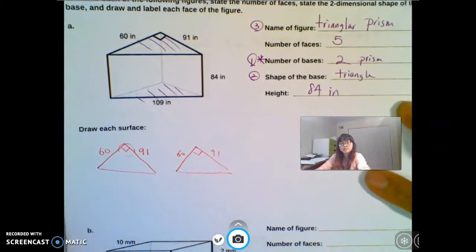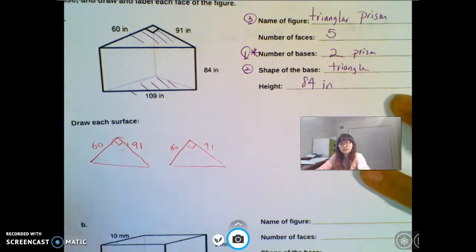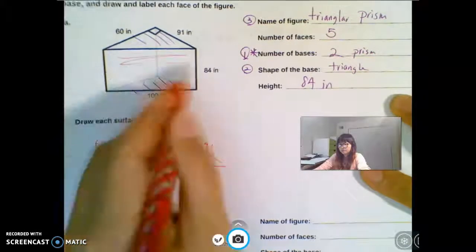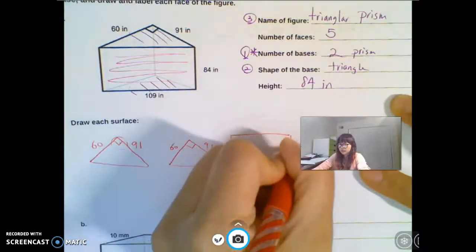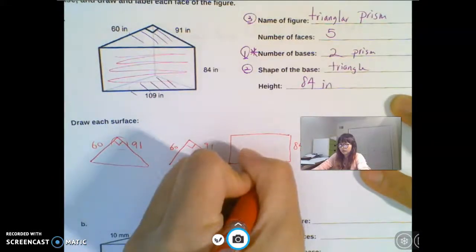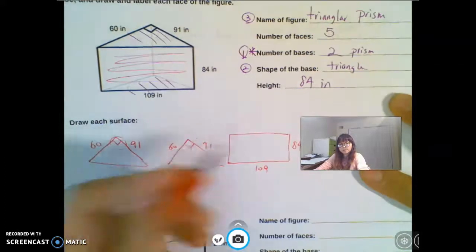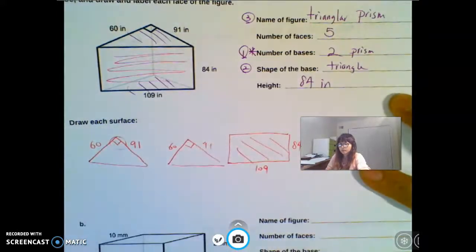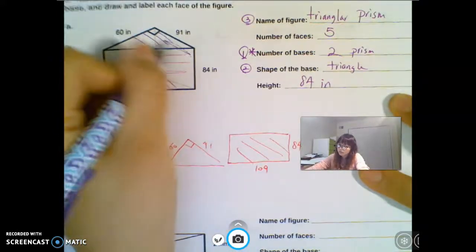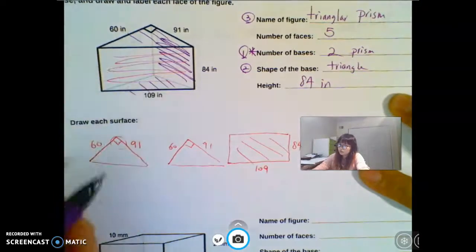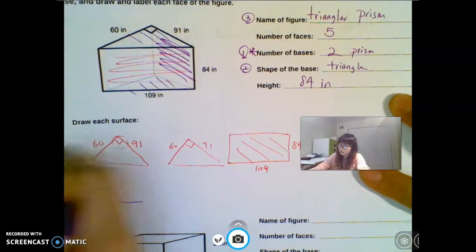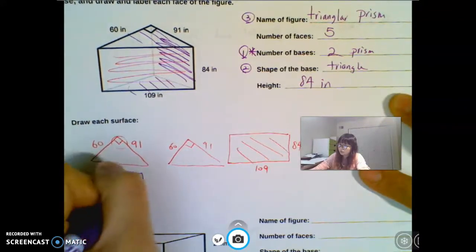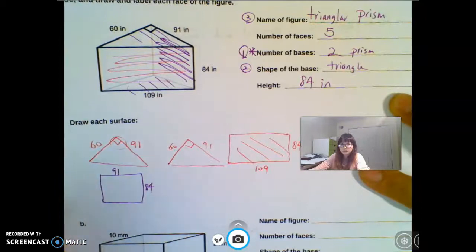What about the sides? I have the big front side. That is 84 and 109, right? Now, what about the other sides? There's a side over here on the right that would also be a rectangle, except I would get 91 and 84, right?